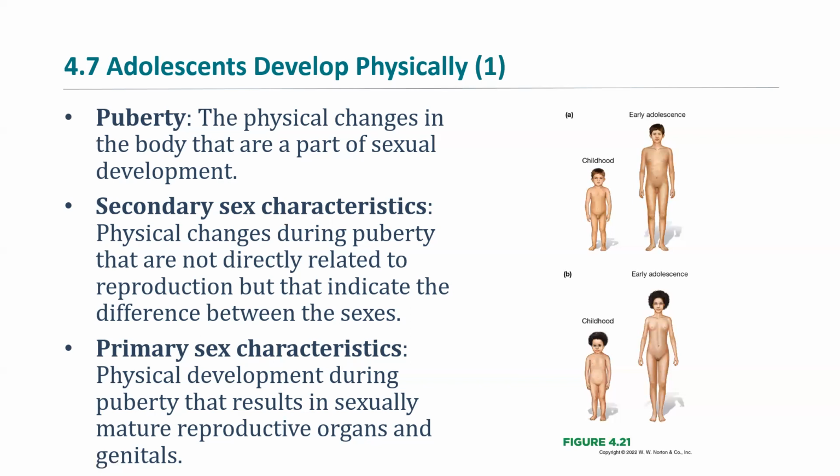The secondary sexual characteristics, oh wait, first of all, before I get to that, when the primary sex characteristics mature, it makes it able that you become reproductive, or have the potential for reproducing.